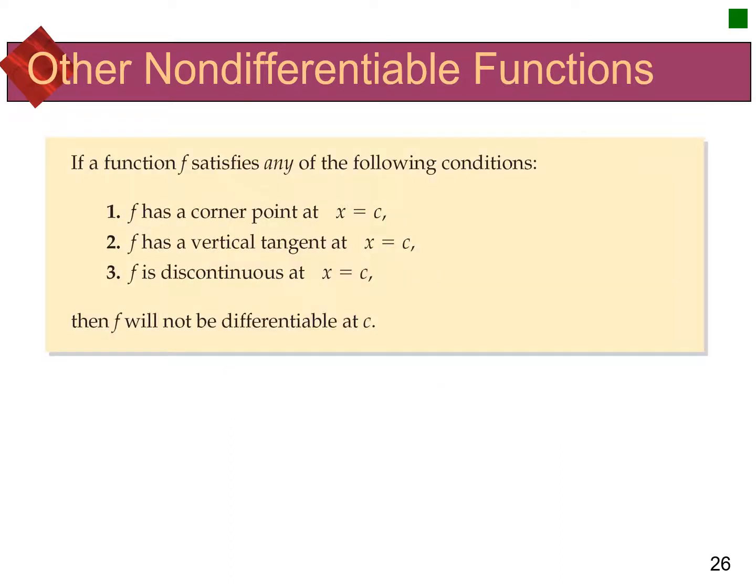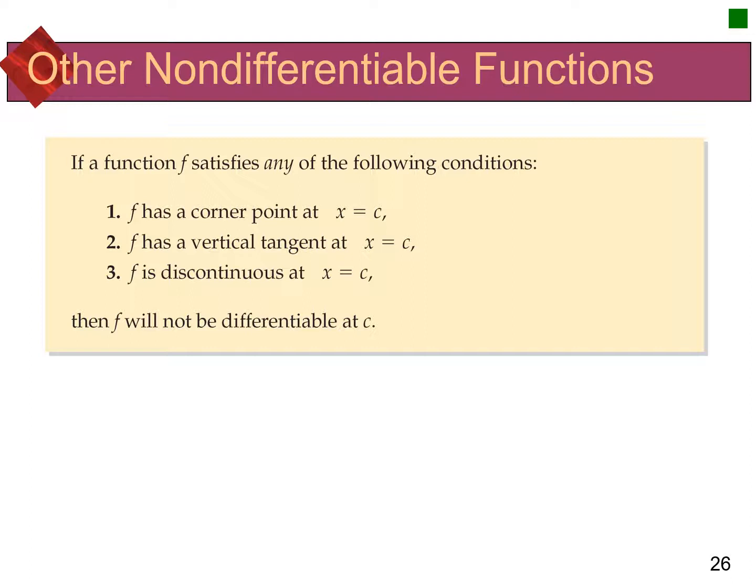So to sum up our observations from the last couple of slides talking about non-differentiable circumstances, basically, if I want to prove that it's differentiable at a certain value of x, then I have to basically show it does not meet any of these conditions. I have to show that it doesn't have a corner point there.